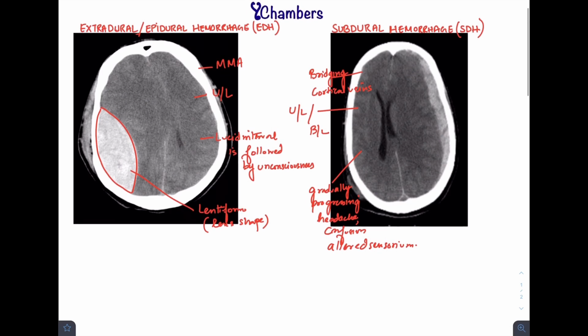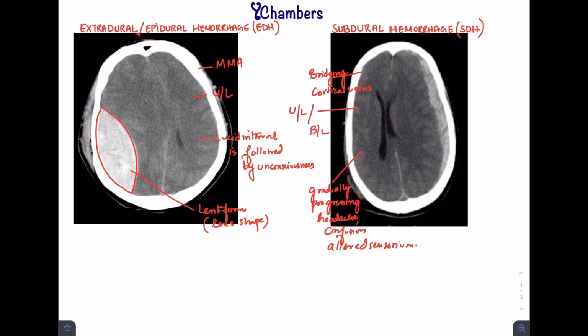The fourth difference is that in extradural hemorrhage, you can appreciate that the hematoma will be limited by the cranial sutures.